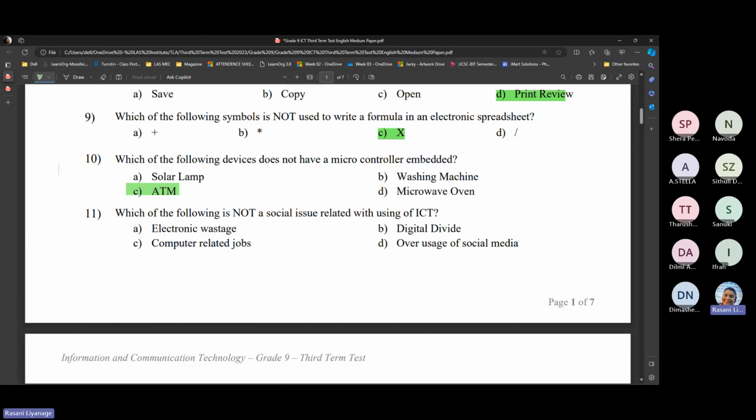And of course, computer related jobs. When you say computer related jobs, yes, getting jobs is better. At the same time, some will lose jobs. For an example, before drone technology came, we needed a lightweight flight, a pilot and a photographer.